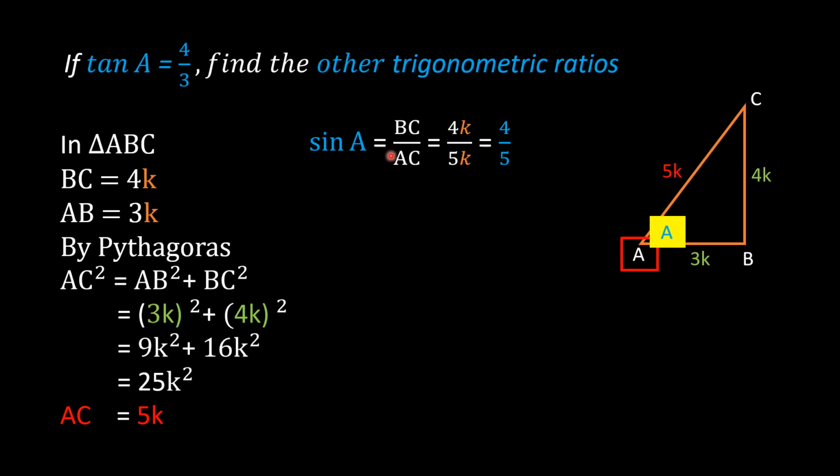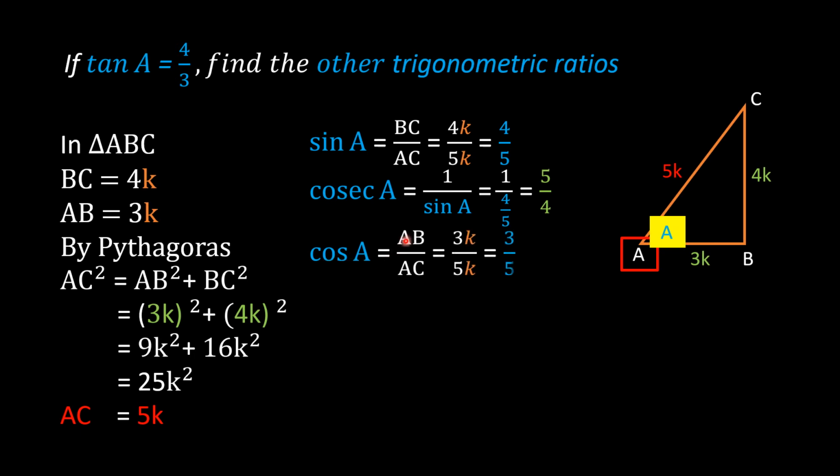So sin A is 4 divided by 5. Cosec A is reciprocal of sin A. So we write cosec A equals 1 divided by sin A, that is 1 divided by 4 divided by 5, which will be 5 divided by 4.